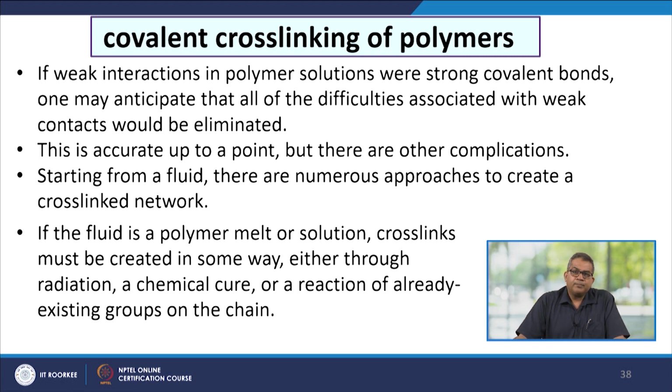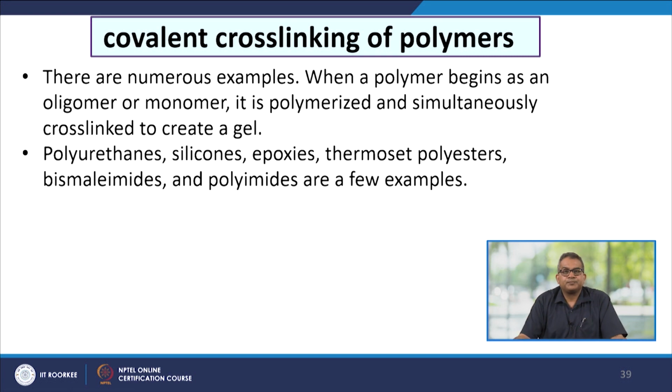Starting from fluid, there are numerous approaches to create a cross-linked network. If the fluid is a polymer melt or a solution, crosslinks must be created in some way, either through radiation or a chemical curing or with the help of a reaction of already existing groups on the chain.